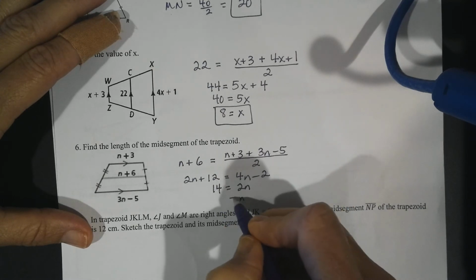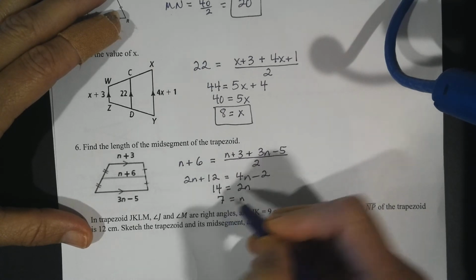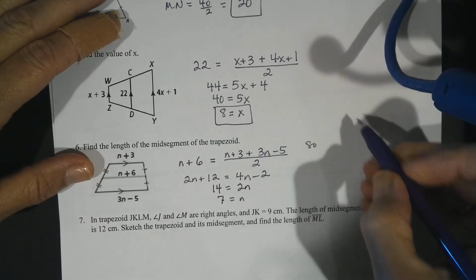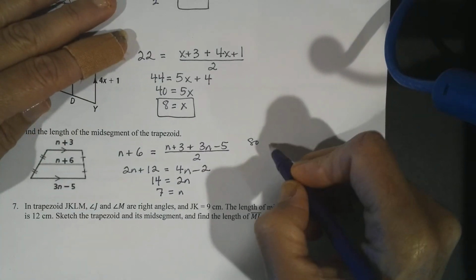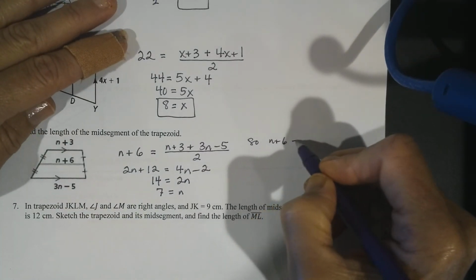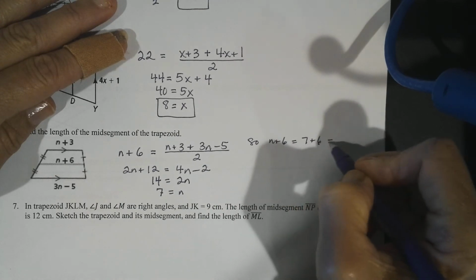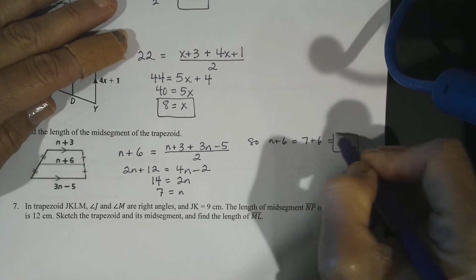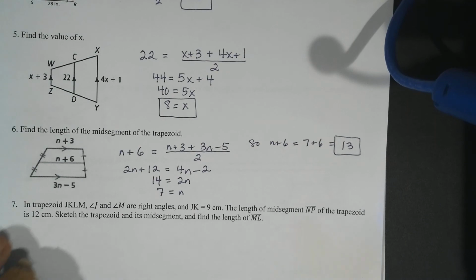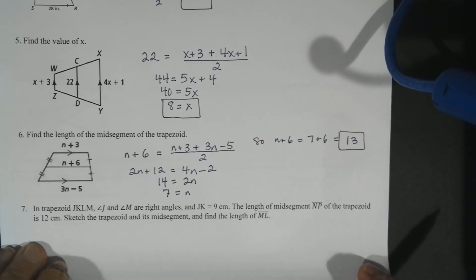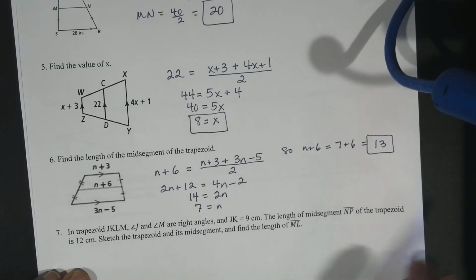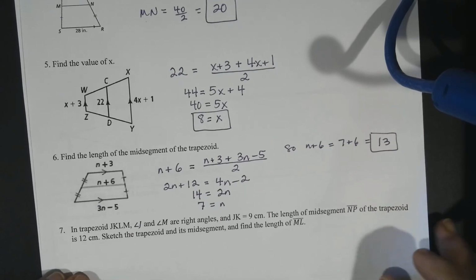I end up getting n is 7. So the mid-segment is n plus 6. It'll be 7 plus 6. And so the final answer I either enter into the computer or box on my paper is 13. Remember, you have to answer the question being asked.